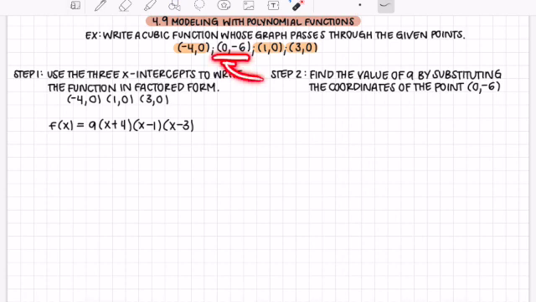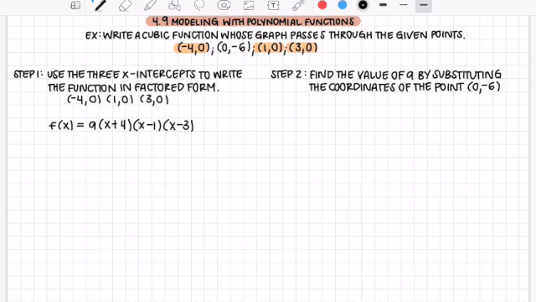That's because we considered this ordered pair to be the y-intercept. The y-intercept is always where our x value is equal to 0. It doesn't have to be the y-intercept point; it could be any other ordered pair to find out what your a value is. But again, we can use the y-intercept if it's there.